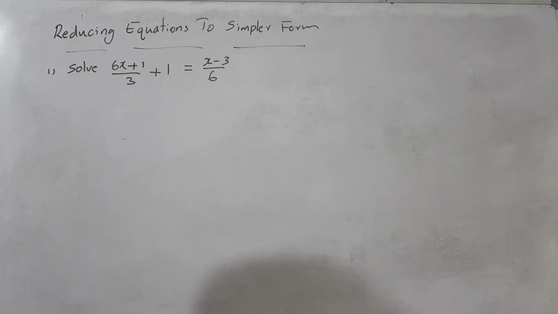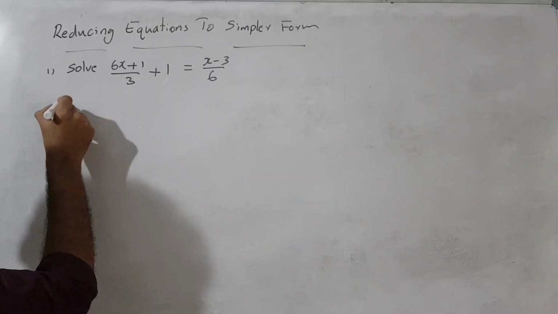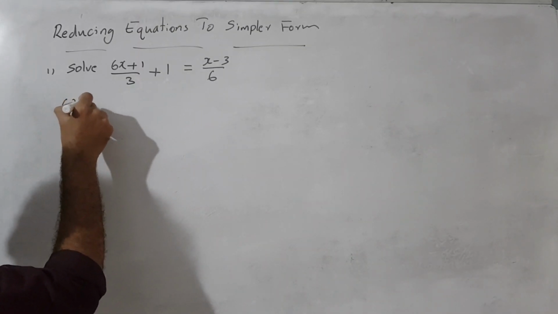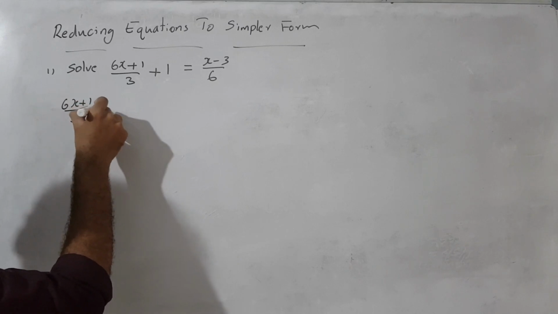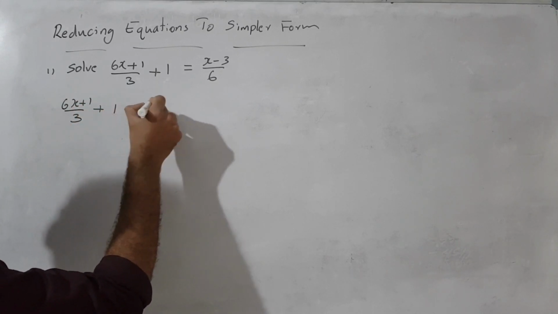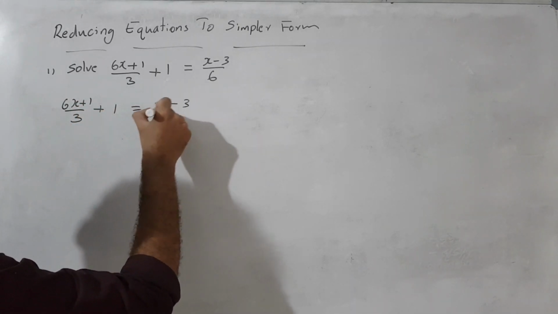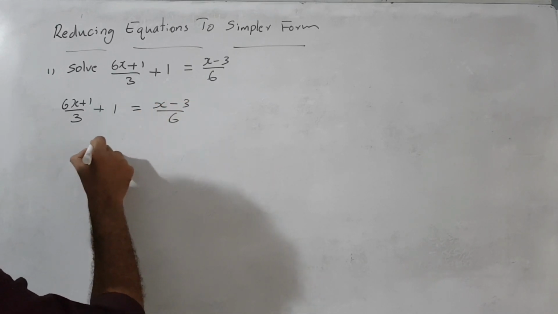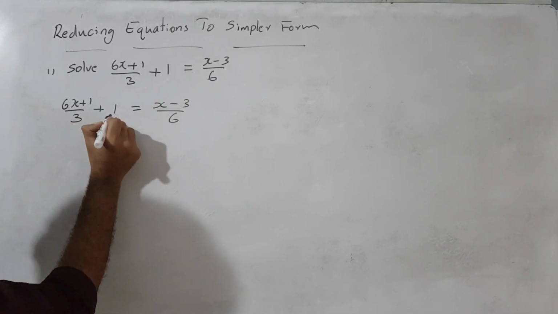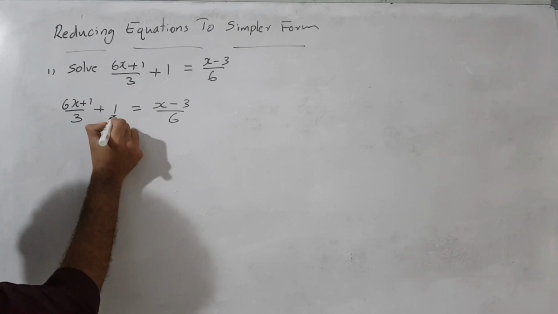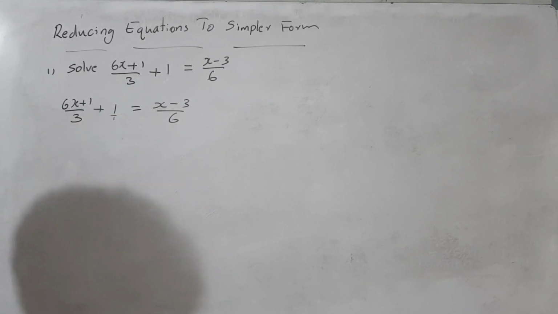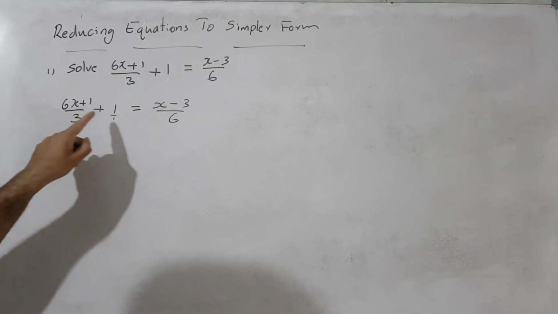Okay, so the first step we started like this: (6x + 1)/3 + 1 = (x - 3)/6. Then first, making it so is not necessary, just make it 1/1. The next, we need to add these two.